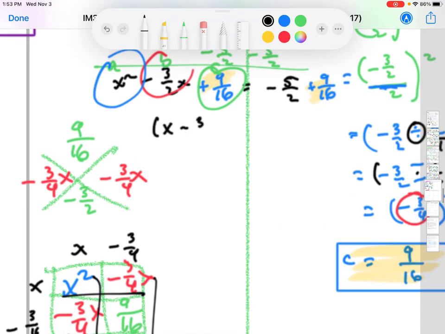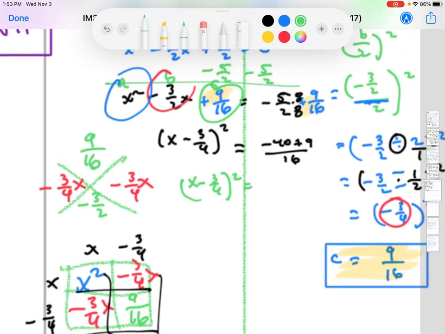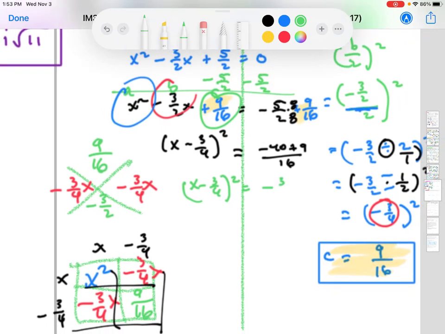So I have two of those, so I can do x minus 3/4 squared equals, let's multiply that by 8, so negative 40 plus 9 over 16. So it becomes negative 31 over 16.